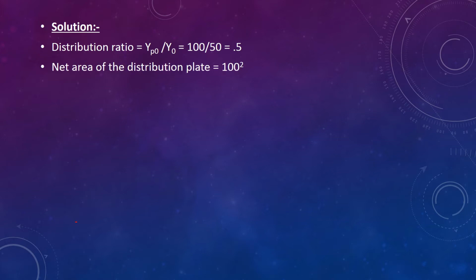Now the net area of the distribution plate. As the side of the plate is 100, the net area of the distribution plate will be 100 square.